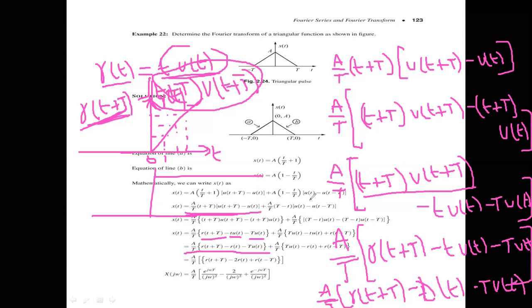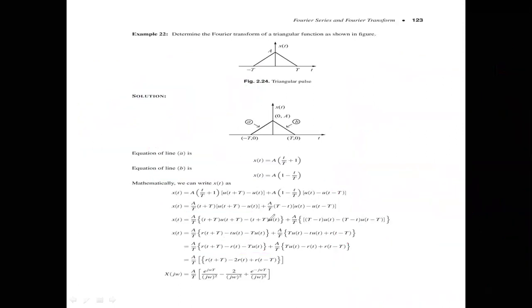For the second term also, you can see here, I'm taking the second term, A by T, T minus small t. You see from this equation, I brought T as a common, then it is multiplied with the T minus small t.